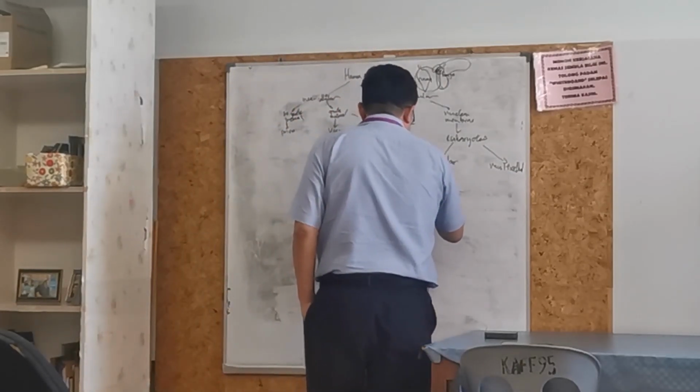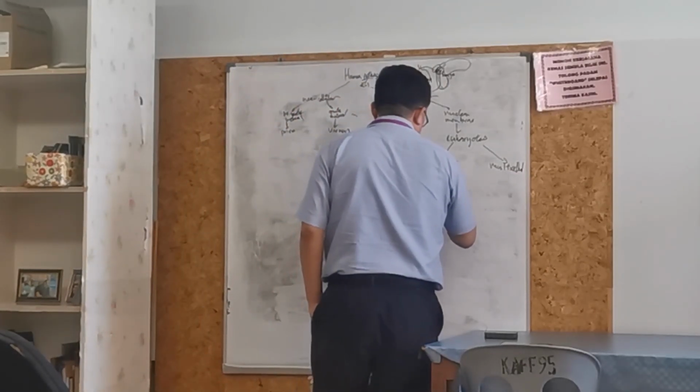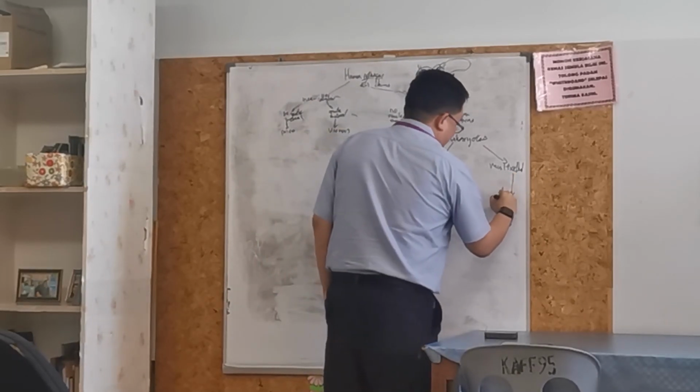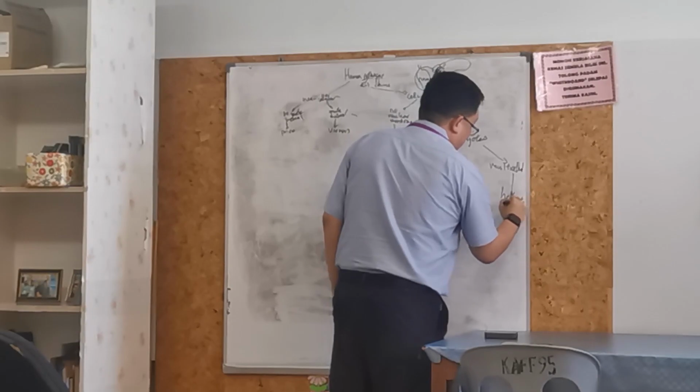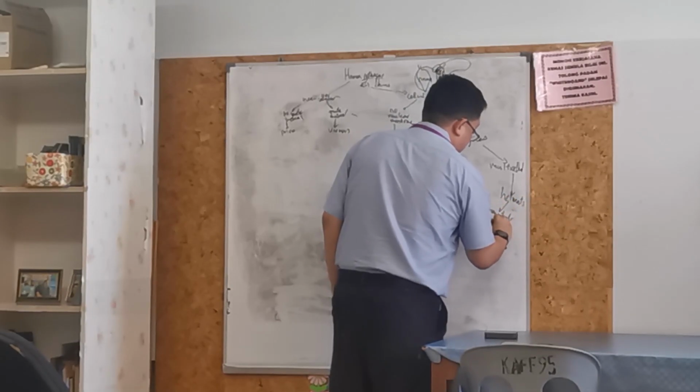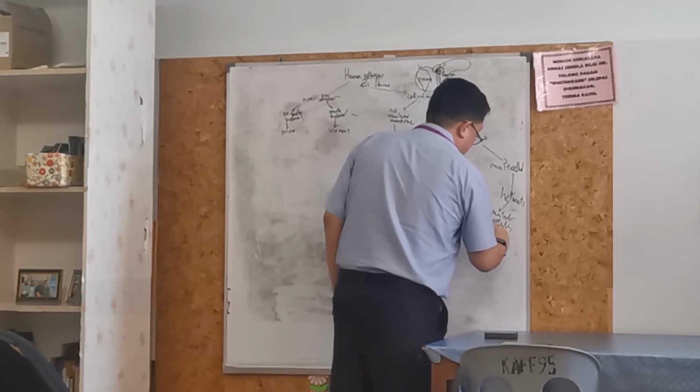Proto means first, zoa means animals, the first animals. Multicellular are the helminths. Among your helminths you have your nematodes, cestodes, and trematodes.